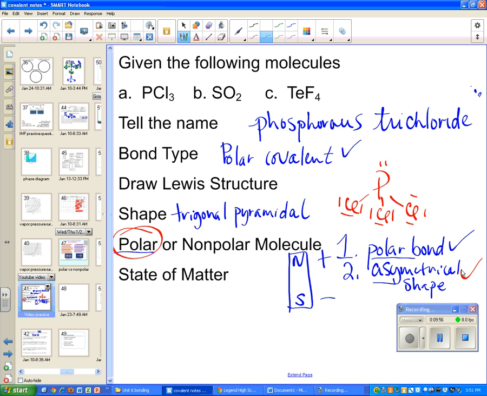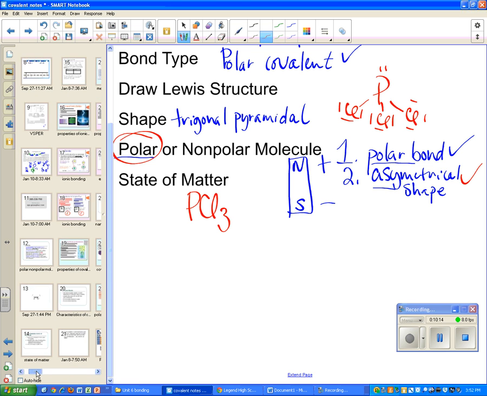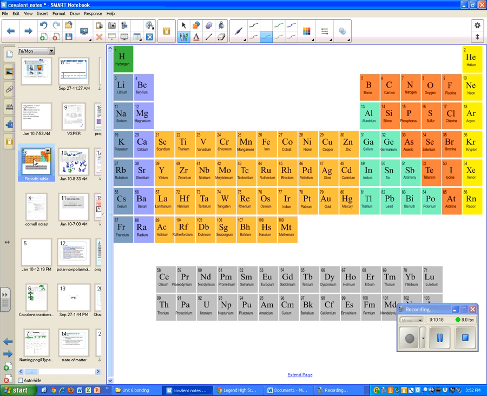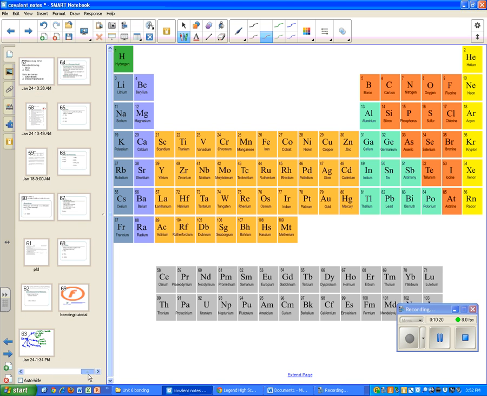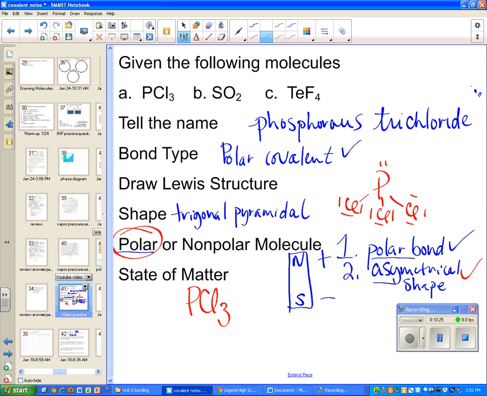Okay, last but not least, we're going to look at the state of matter. State of matter is pretty easy to figure out. It's based on mass and what type of molecule you have. So all we do is add up. I don't know if my periodic table has mass on it. Nope, it doesn't. So we have to look up the periodic table for the mass of each element.